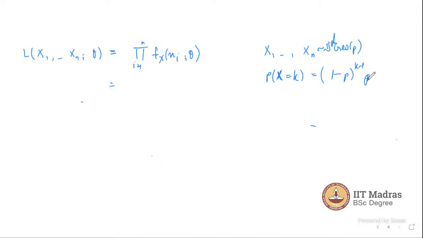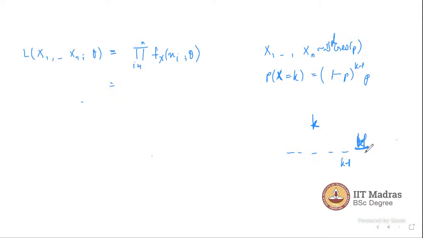If you observe your first head on the kth trial, the first k minus 1 trials are tails, and on the kth trial you have a head. Once you figure out the distribution, it is easier.